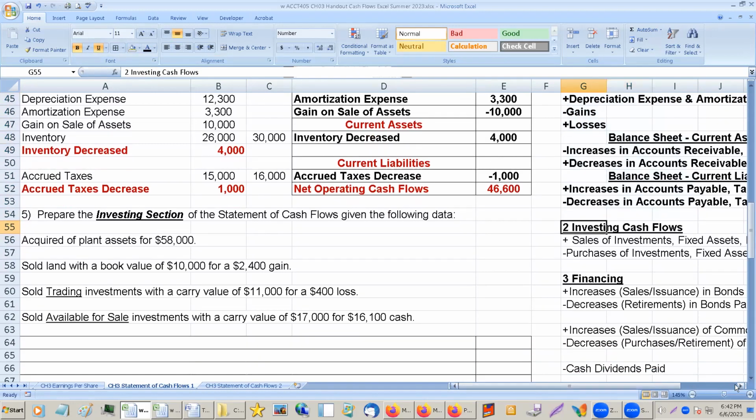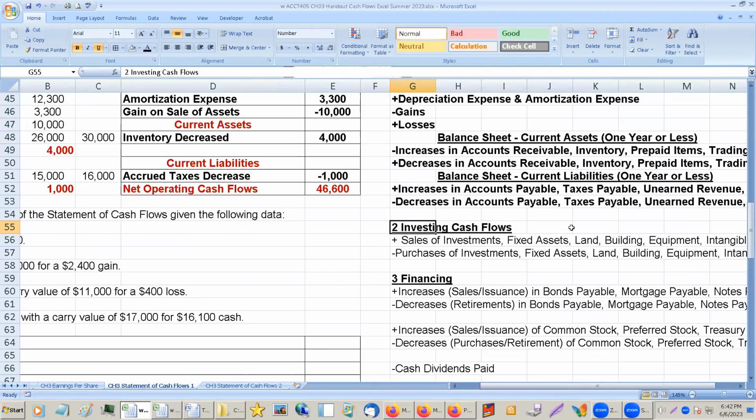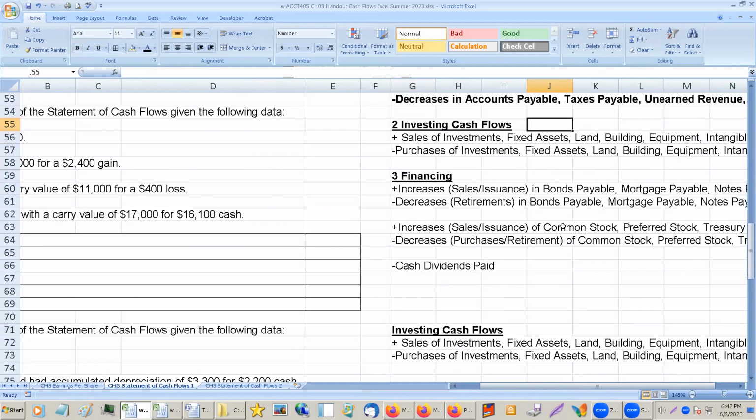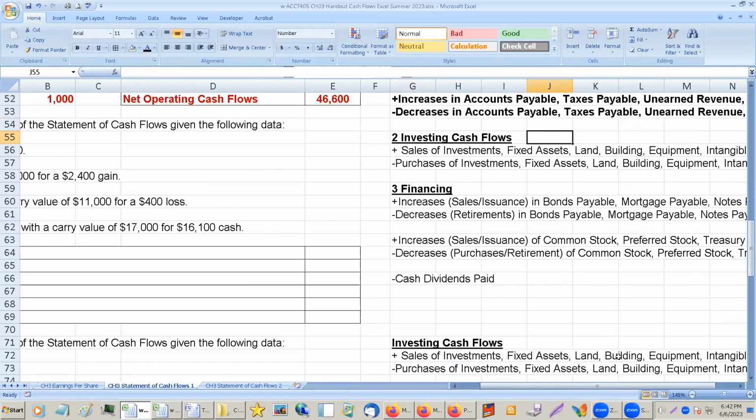Okay, investing cash flows. This is whenever you buy or sell a long-term asset. So this is only for long-term assets.